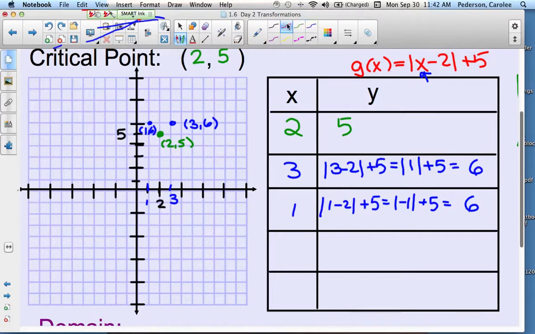Choose two more ordered pairs to find. So we're going to go one more to the right. So now we're going to go 4. And then 1 to the left, which is 0. And we evaluate the function again for x. So 4 minus 2 absolute value, plus 5. 4 minus 2 is 2. Absolute value of 2 is 2. And we get 7. We should get the same down below here. We have symmetry.